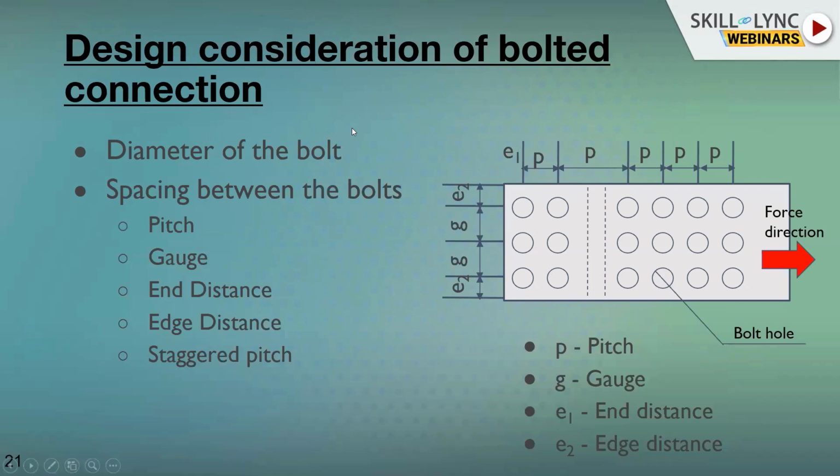If it is perpendicular to the direction of the load, it is called gauge, denoted by G. The edge distance, E2, is given from the last bolt to the edge of the structural steel member perpendicular to the direction of force, and the end distance is given along the direction of the force.